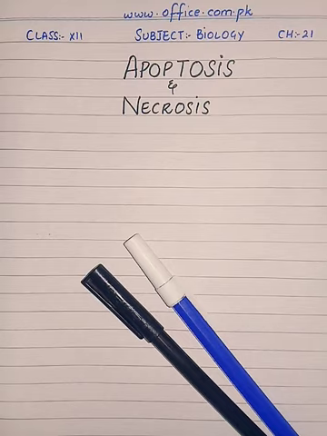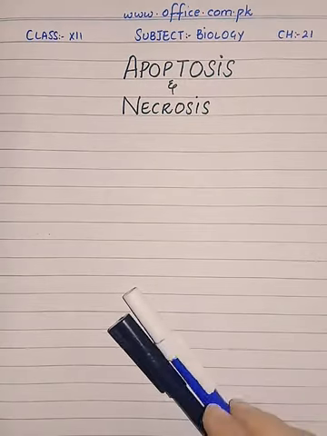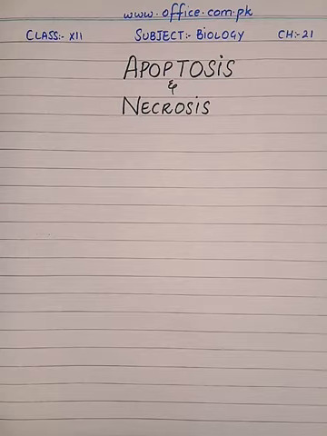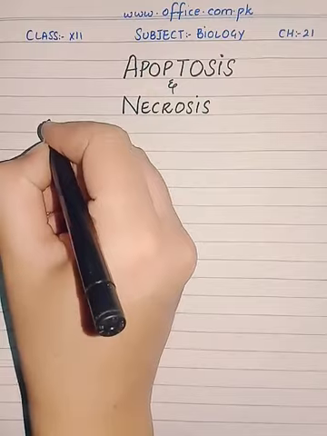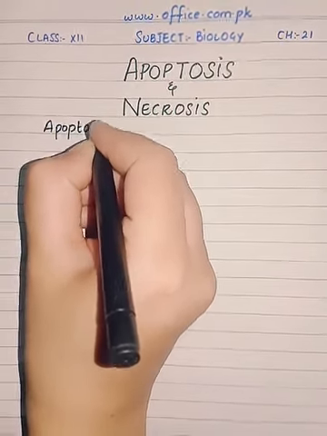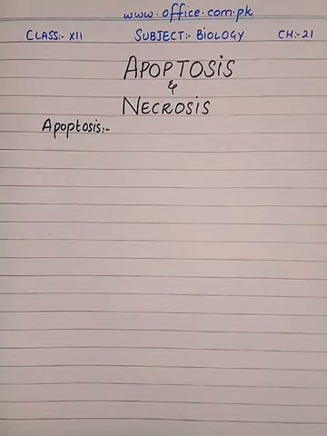There are two types of cell death that are commonly observed. The first is apoptosis and the second is necrosis. If we talk about apoptosis first, apoptosis is basically programmed cell death.